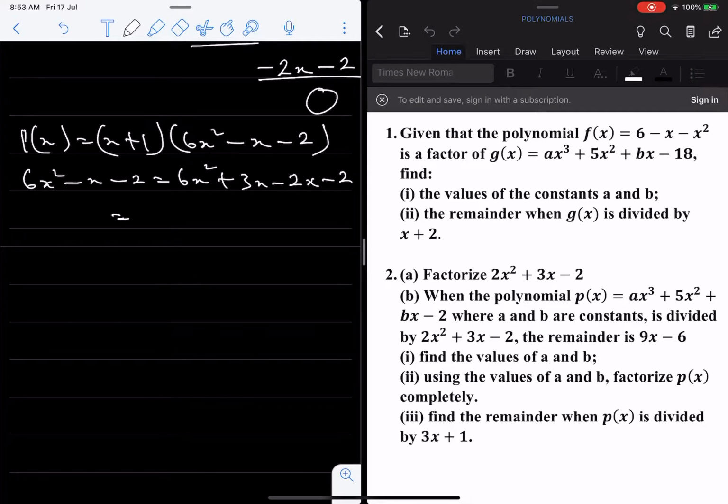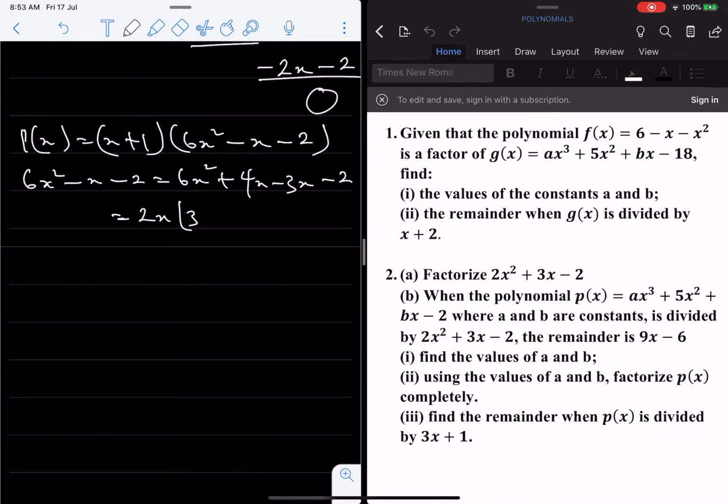Oh, no. That's plus 4x minus 3x. It's supposed to be 6x squared plus 4x minus 3x. And that becomes, what's common to 6x squared and 4x?